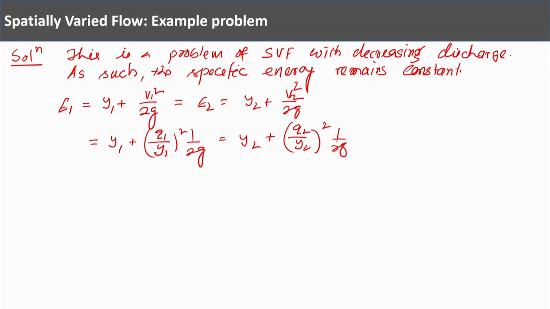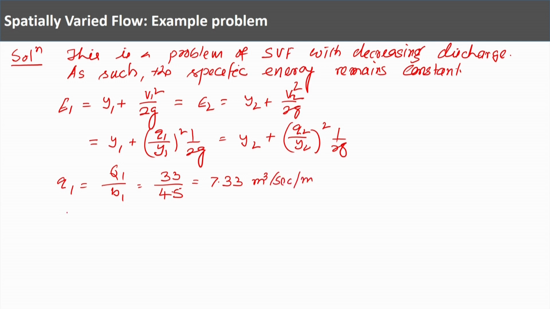Now let us calculate what is q1. q1 is capital Q1 by B1, which is equal to 33 divided by 4.5, which is equal to 7.33 meter cube per second per meter.